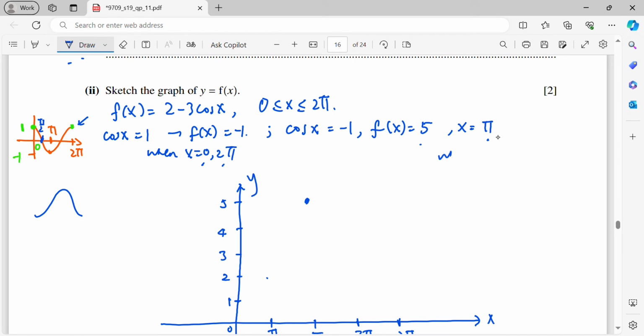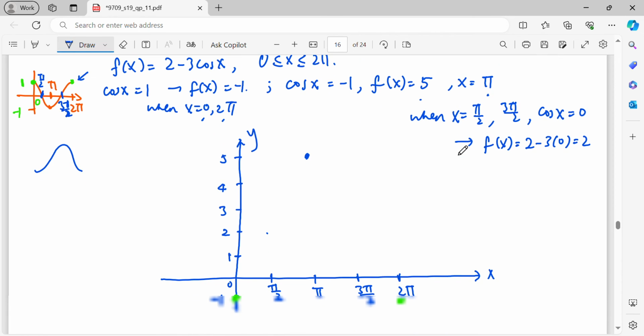So you can just write when x equals pi over 2 or x equals 3 over 2 pi, both are 0. So here at 3 over 2 pi, cos x will be 0. That means f(x) is 2 minus 3 times 0, that is 2. So I found 2 points here.